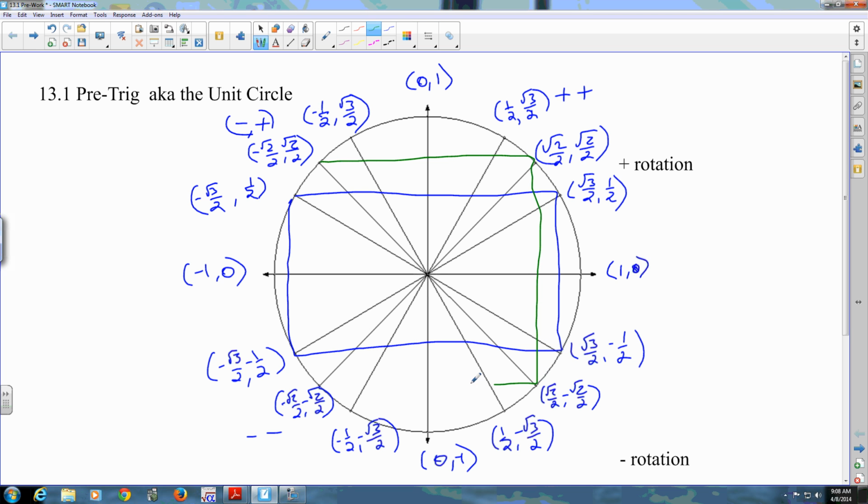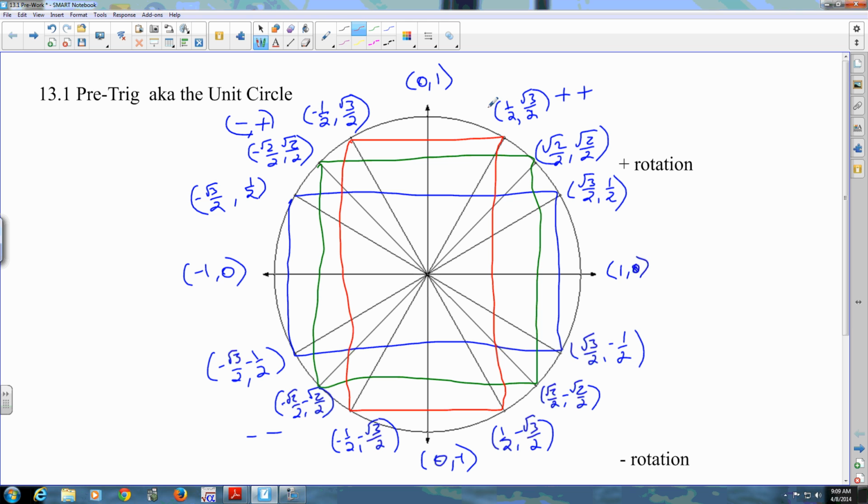Okay, my drawing ability is going a little crazy this morning. And everything on this rectangle is going to have exactly the same numbers. And this is a way to help you remember when you guys go to fill out a unit circle. You really just have to know this first quadrant. Once you know the first quadrant, you just transfer them around.